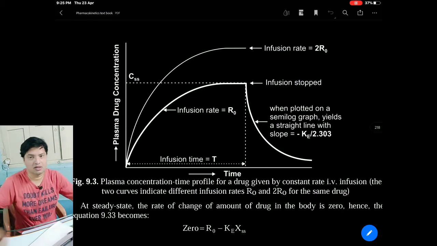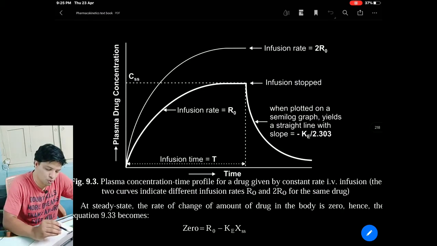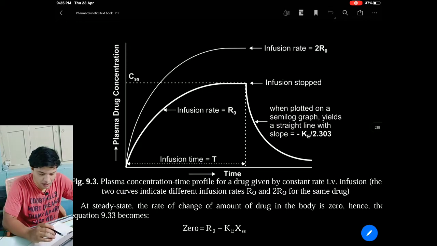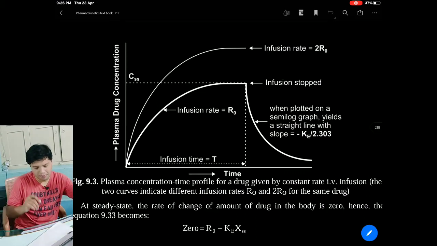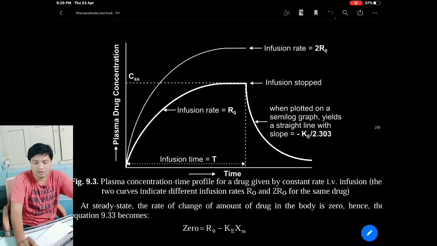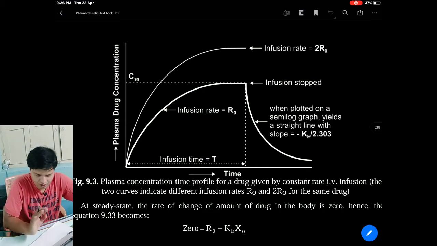If you give the infusion, it increases slowly and goes to steady state. If you stop the infusion, it goes to the elimination phase. If you make that line straight by applying a semi-log graph, you can calculate the Ke value here. So this is the one part.